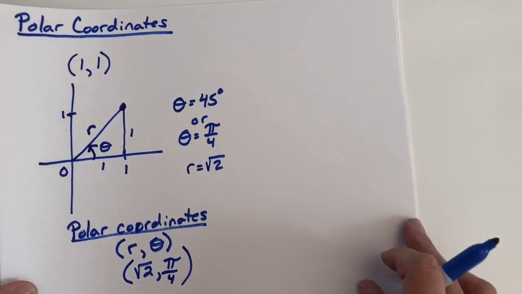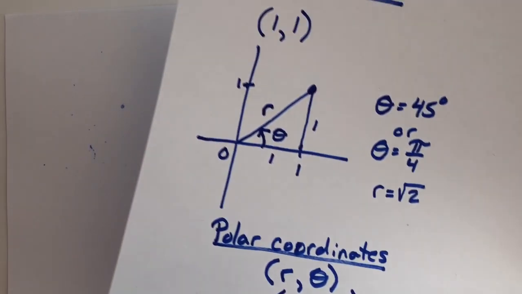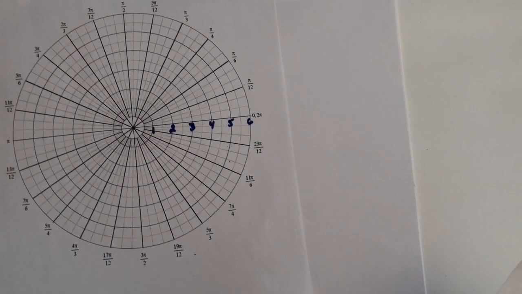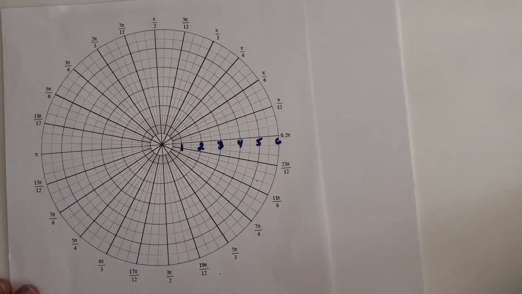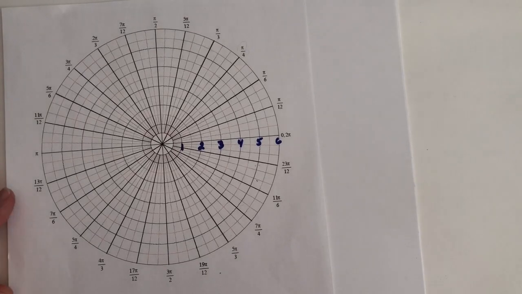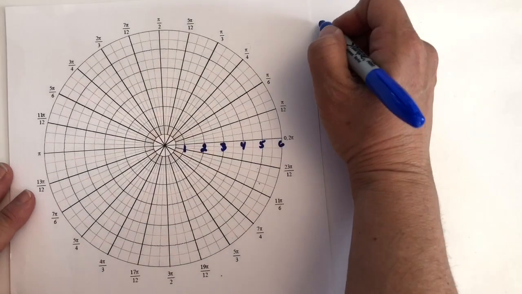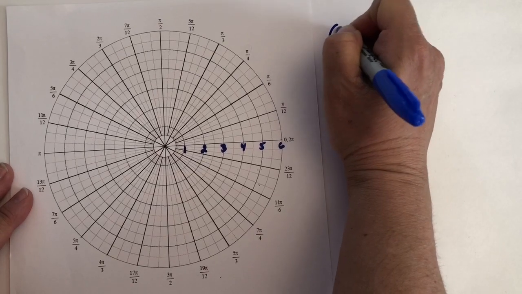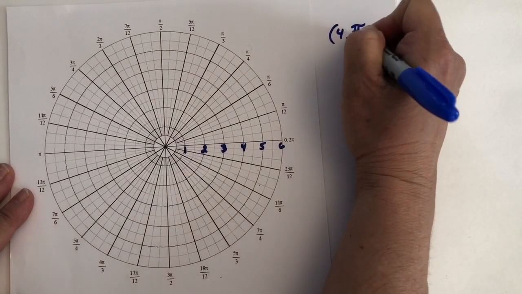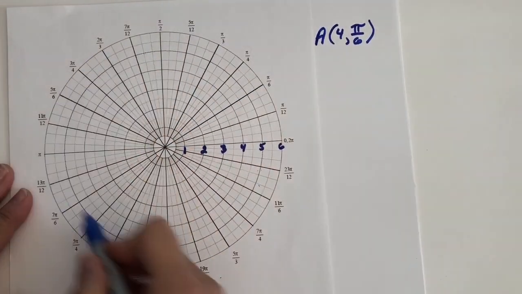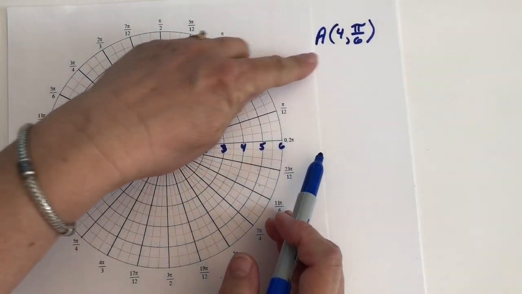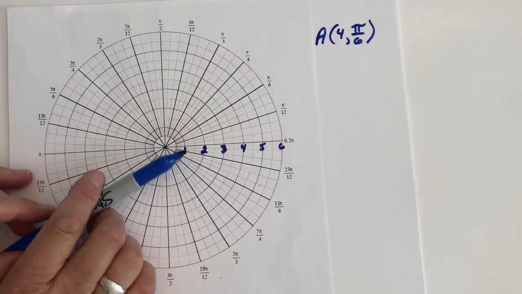So let's practice graphing some points using polar coordinates. Now the grid looks a little bit different because we're using r and theta. Now my grid looks like this. And let's plot a few. Suppose we had the point (4, pi over 6). I'm going to call that point A, and we'll just label it on our grid. That means we turn in the direction pi over 6.